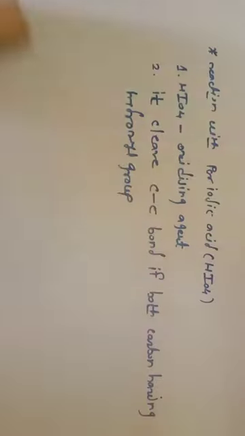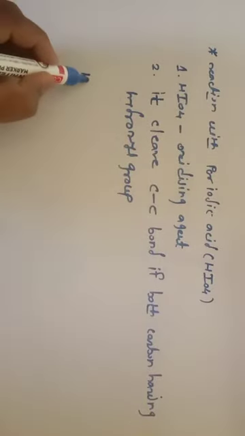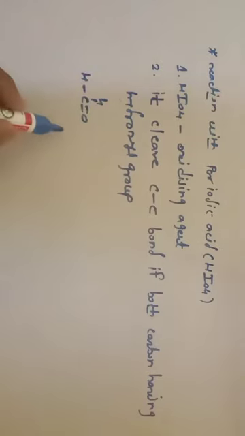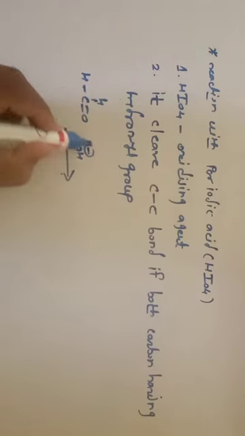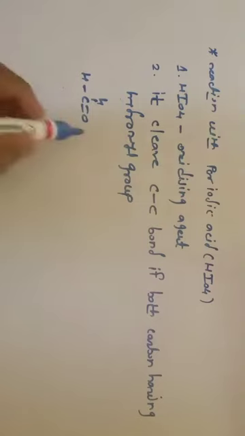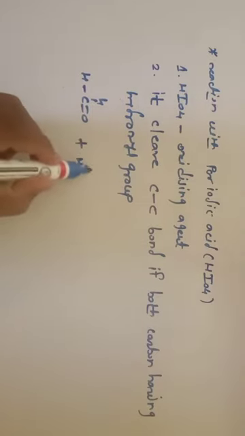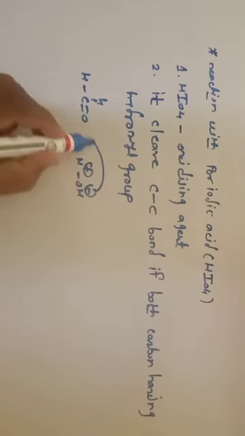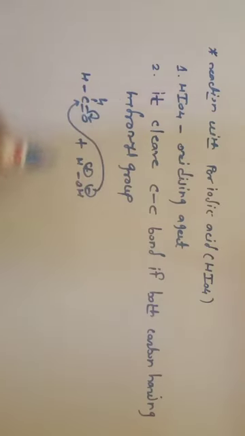After formation of formaldehyde, HC double bond OH, it undergoes a hydrolysis reaction with water, H plus and OH minus. This OH minus will attack this carbonyl carbon, and that should be O minus.